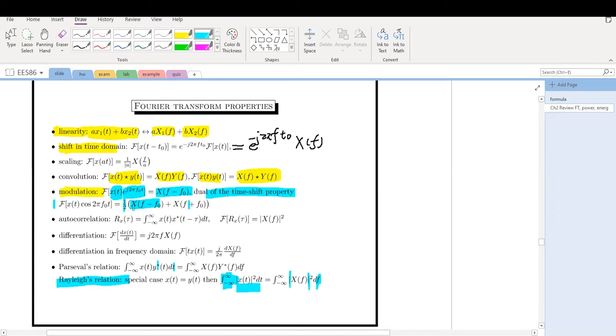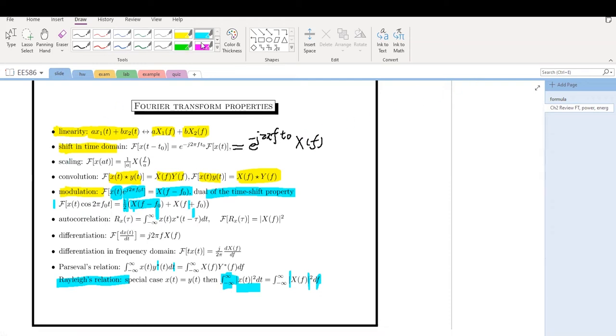It means the spectrum of x moves to f naught and to minus f naught. We sum them up and take half. That's the spectrum of x(t) multiplied by cosine 2 pi f naught t. This is a famous property, the modulation property, we're going to use a lot.